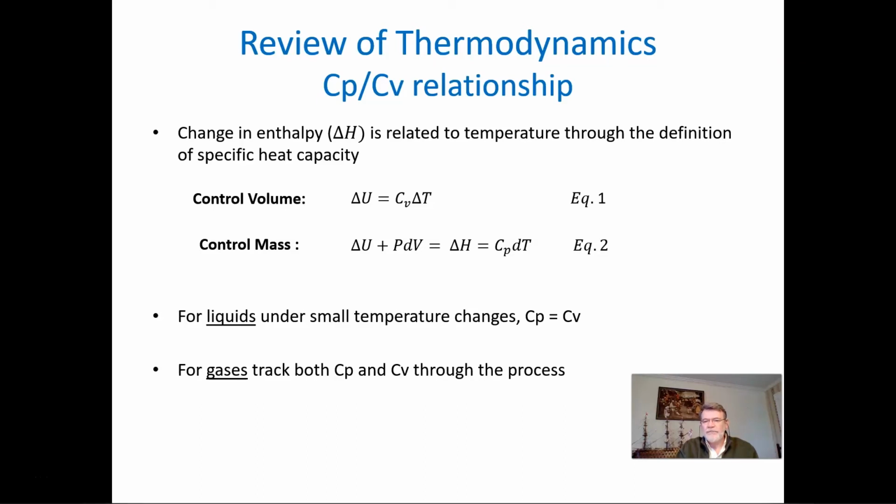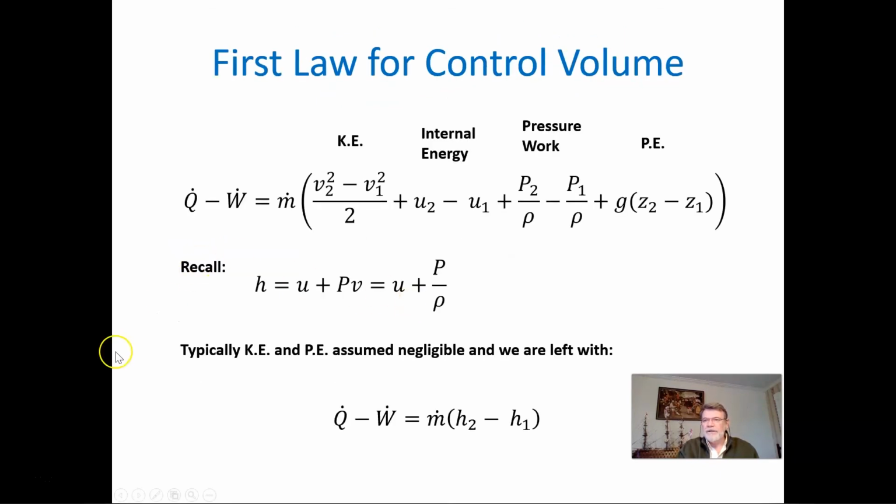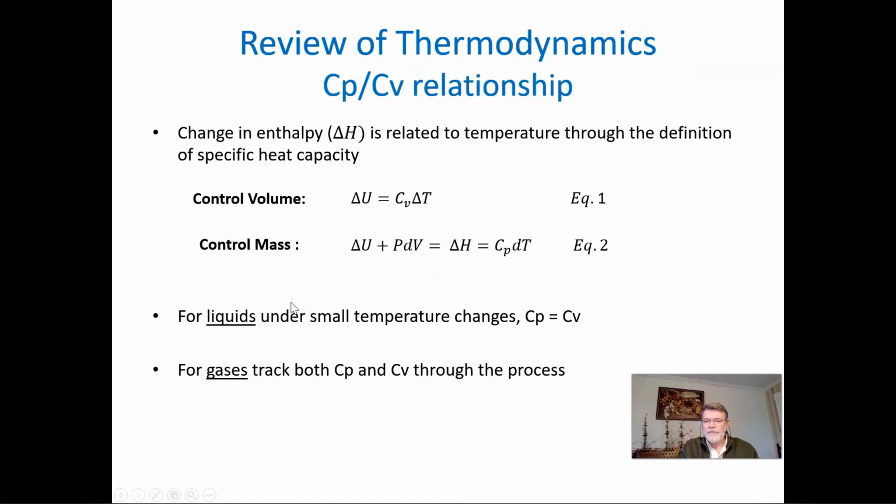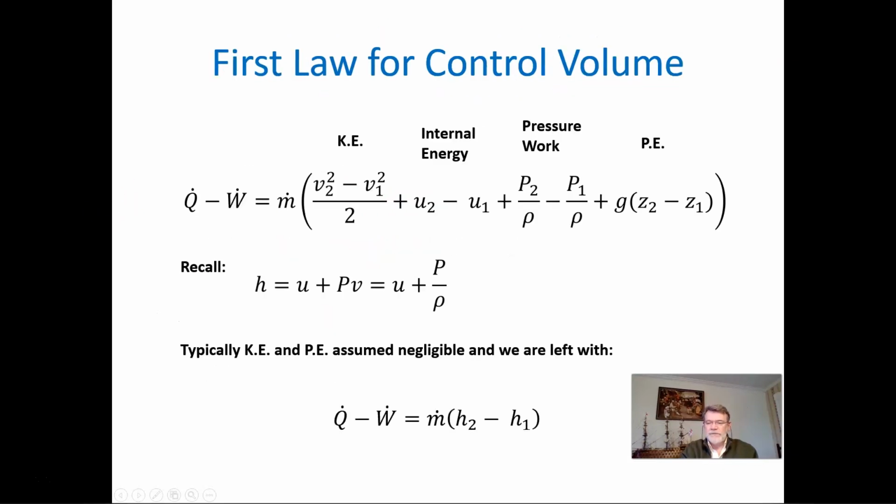When it's a lowercase, like here, that is a specific value. So it's per mass, right? When you see the lowercase h or the lowercase u, they've been normalized over mass. So like these ones here, on the previous slide that I just showed.